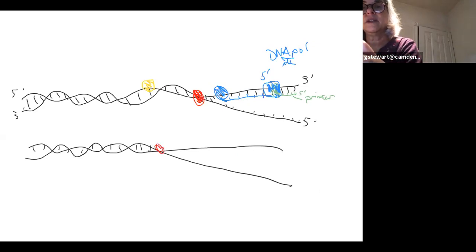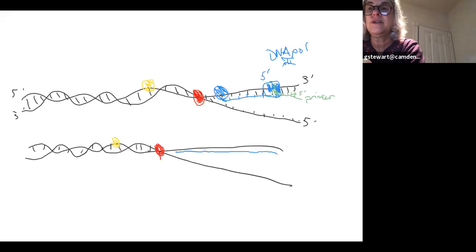So still helicase there, still gyrase here. Now DNA polymerase 1 would have gone in and replaced that primer. That's why they talk about the ends, because that involves something other than DNA polymerase 1, really. But that's neither here nor there.